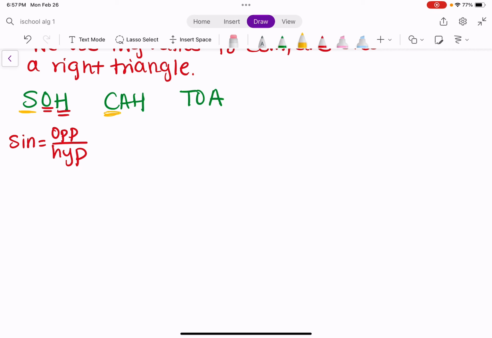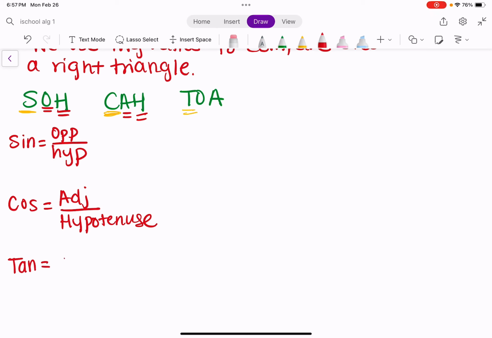For the second one, the C stands for cosine, and the A stands for adjacent over the H, which is hypotenuse. And then lastly, we have the T, that stands for tan, and tan is opposite over adjacent, right? Because it's O over A. And so those are the 3 most common trig ratios.